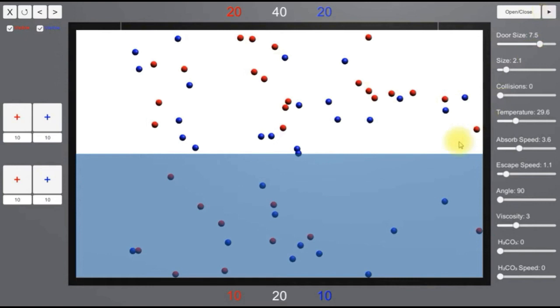So just as before, the existence of the nitrogen molecules, the blue molecules in the headspace, had no effect on keeping the red molecules in solution.